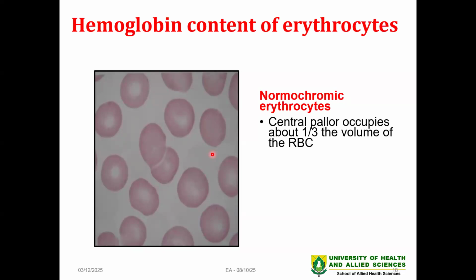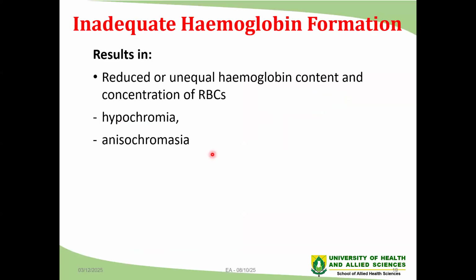In this case, this pale area is supposed to cover about 1/3 the volume of the red cell space, cytoplasmic space. So if it is like that or lower, then we say that the red cell is normochromic.